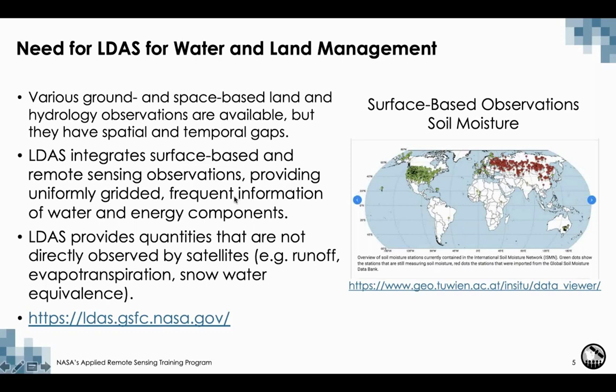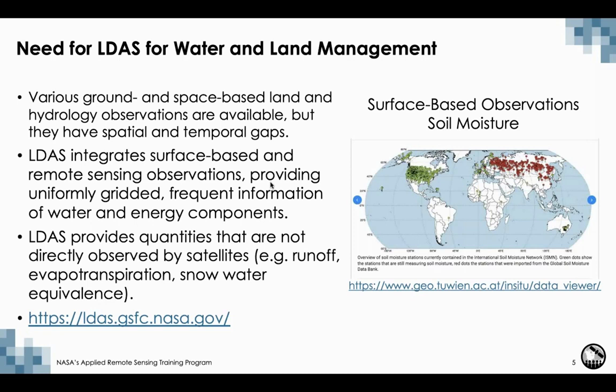And so LDAS integrates surface-based, whatever is available, and remote sensing-based observations, and provides uniformly gridded more frequent information than satellite can provide or in situ data can provide of water and energy components. And LDAS provides quantities that are not directly observed by satellites also.